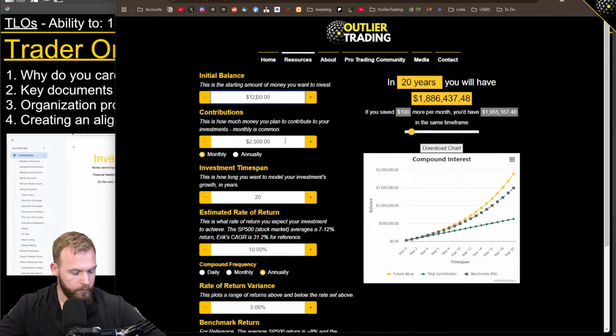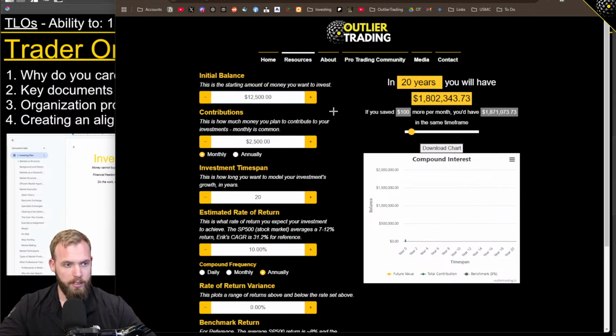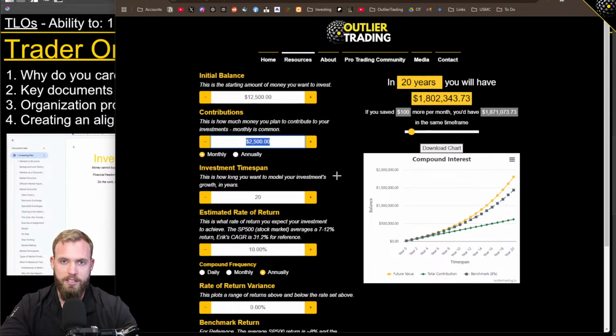Right now, it would take me 20 years to get to 1.8 million. If I click into this, it's 20 years to get to 1.8 million. So am I okay with a 50% drawdown with a small account? Of course. Why not? A small account is going to be completely dependent on these savings.